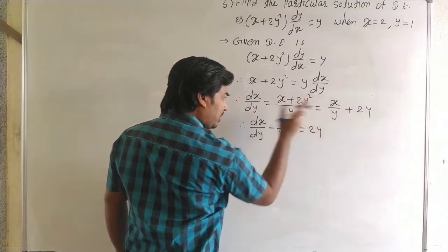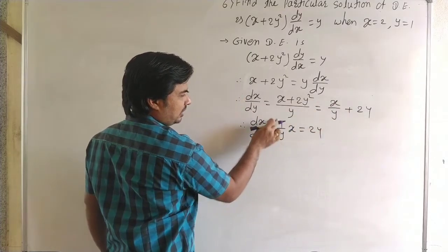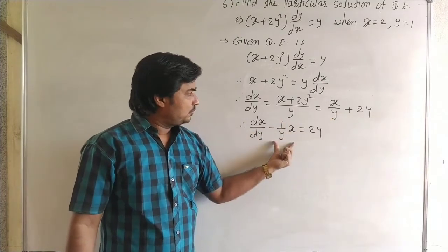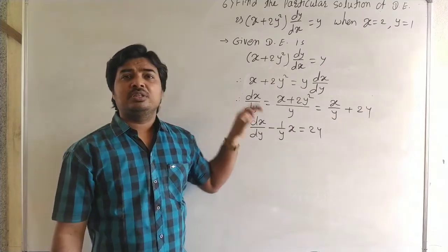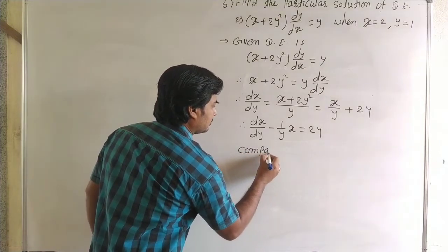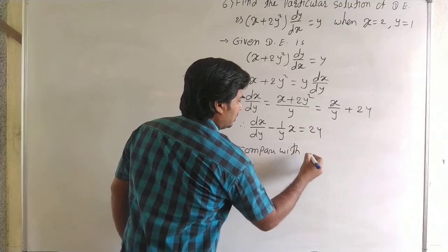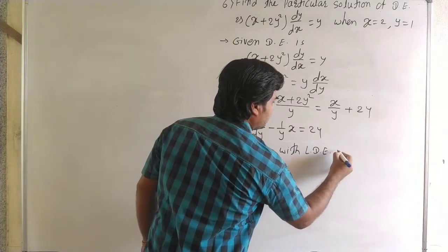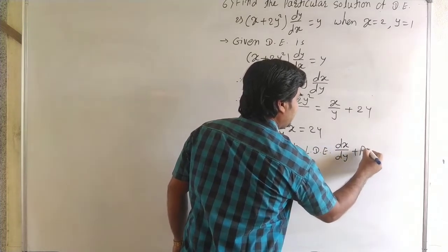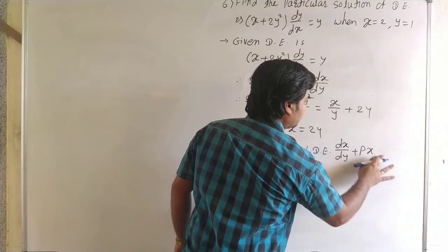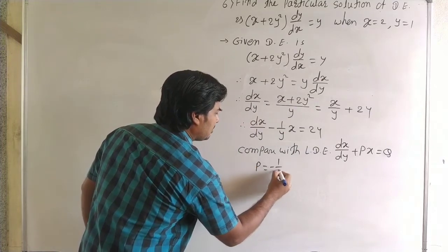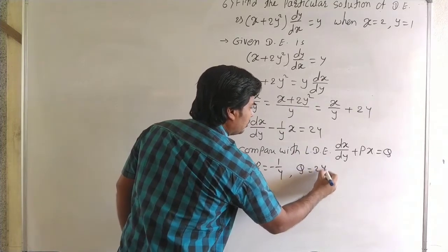This x upon y we can write as 1 by y into x, with the minus sign, and now it is a linear differential equation in x. Compare with the linear differential equation dx by dy plus px is equal to q. Okay. Here p is equal to minus 1 by y and q is equal to 2y.